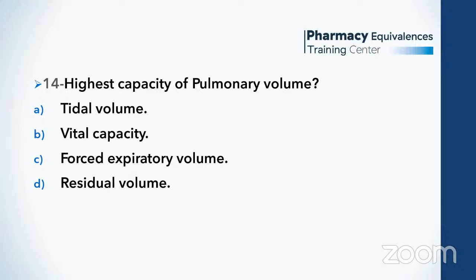The choices are tidal volume, vital capacity, forced expiratory volume, or residual volume. It is vital capacity. It is the highest capacity of the pulmonary volume, the highest volume of air present in the lung.